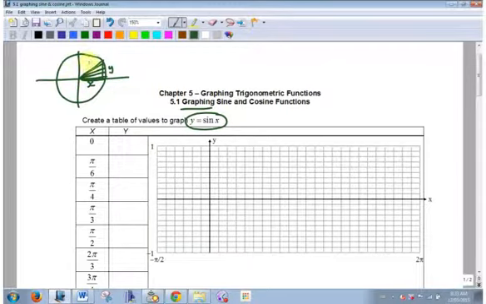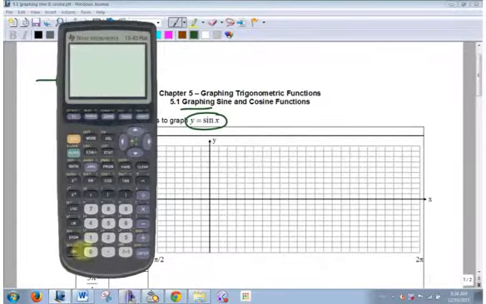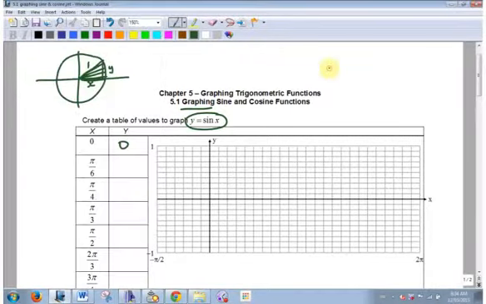If this is a unit circle, the radius is 1. Well, how big is that opposite side if the angle's nothing? But don't believe what I say. Sine of 0. Hey, what do you know?